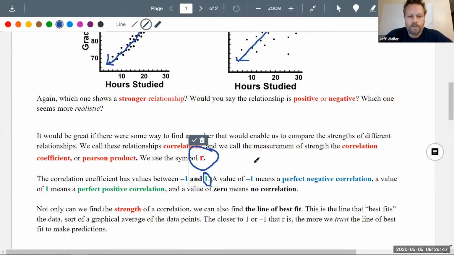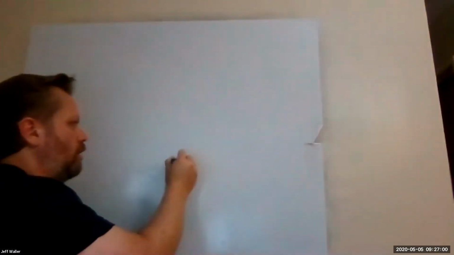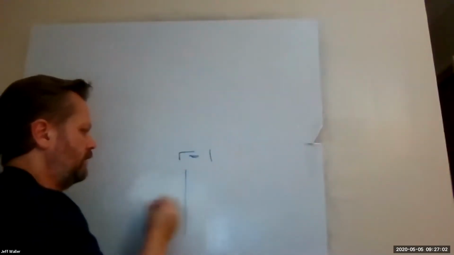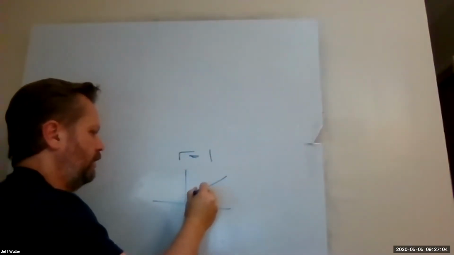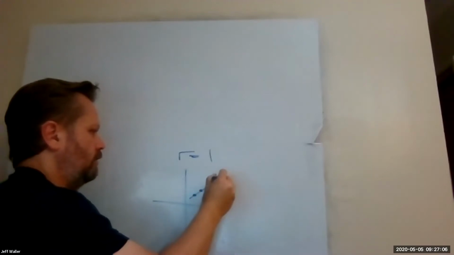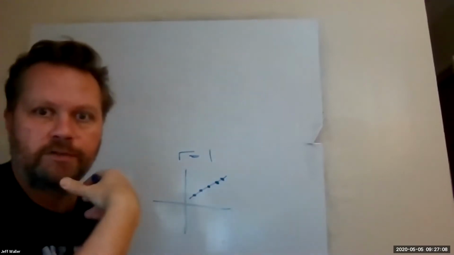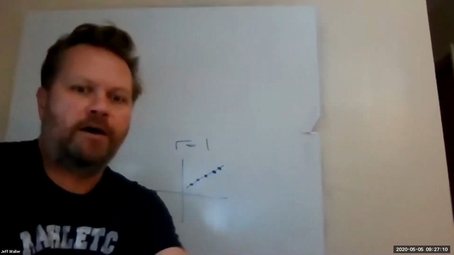Oh yeah. An R of 1 is perfect positive correlation, meaning that, in fact, let me stop sharing for a second. If I have an R of 1, that means they all line up perfectly in a positive line. None of them are off the line. Are you guys with me? Sort of the opposite of outliers.